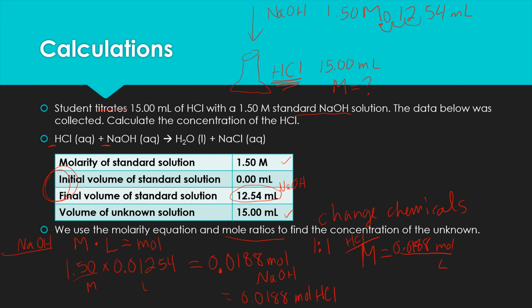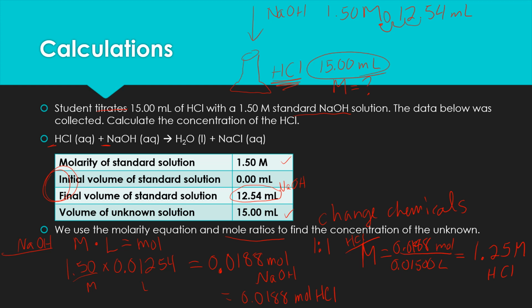0.188 moles. And our volume, we have had our volume since the beginning. 15 milliliters is going to be 0.01500 liters, keeping all of our significant figures. So 0.0188 divided by 0.01500, and we get 1.25, we've got 3 significant figures, molar HCl.